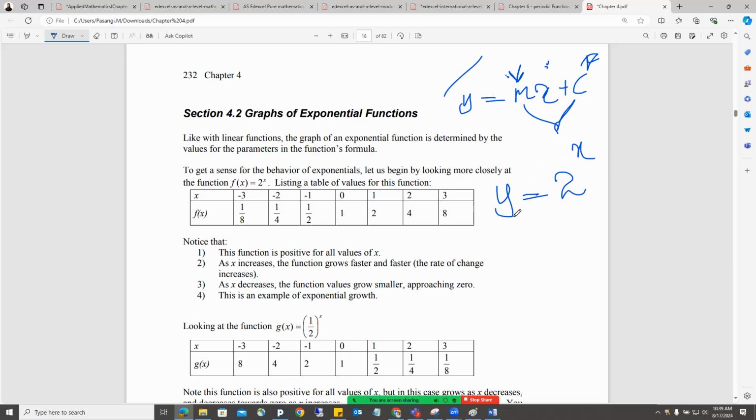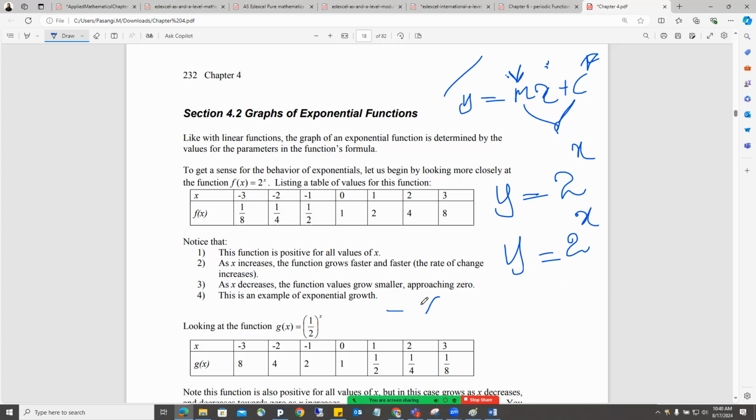Your first task is to draw this exponential graph, y equals 2 to the power of x. What you can do is draw a data table and find a few data points.